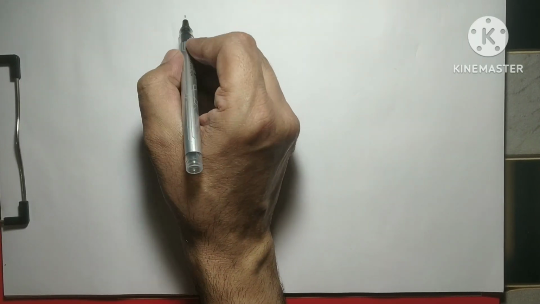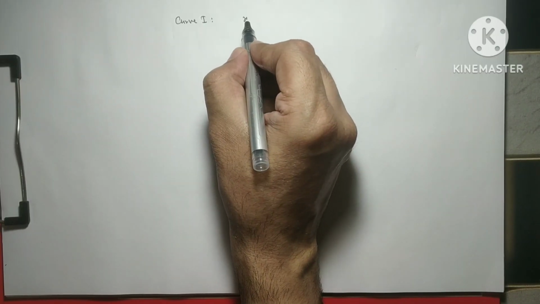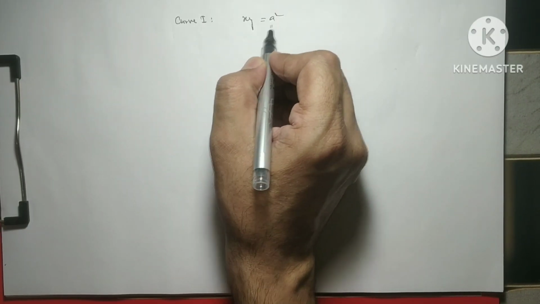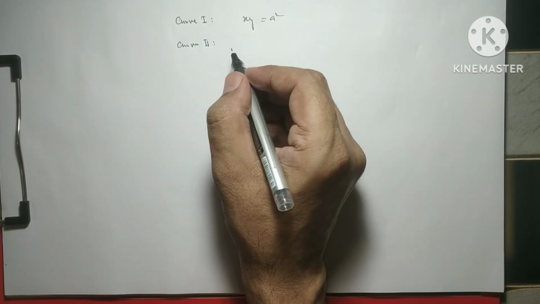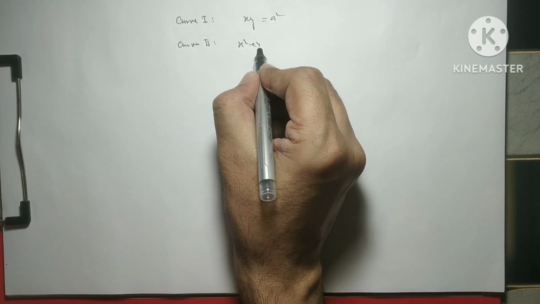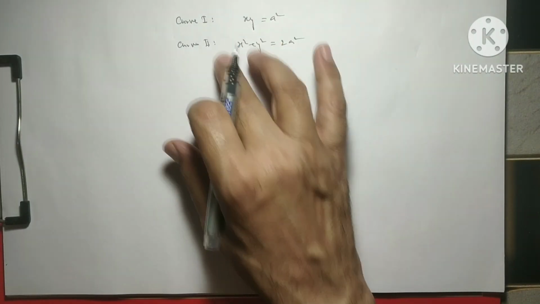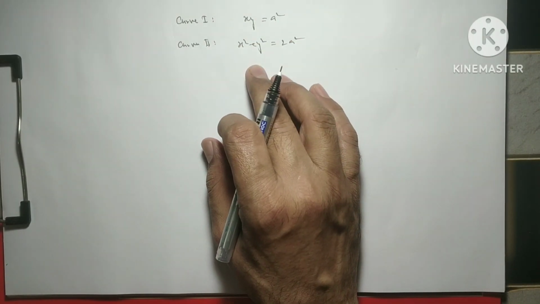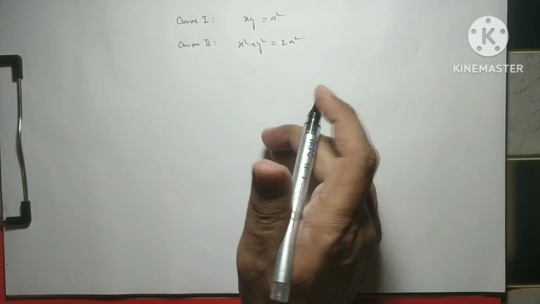So we have curve 1, that is xy equals a square, and curve 2, that is x square plus y square equals 2a square. We will simplify these two and collect the values.